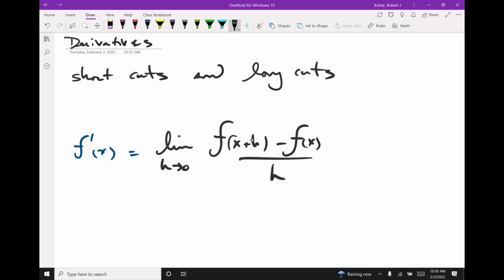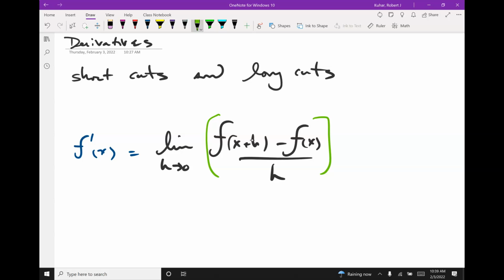What is the right-hand side here? What is this piece I have in green? It's the slope of the secant line. When h goes to 0, the two points become the same point, and this is now the slope of the tangent line.